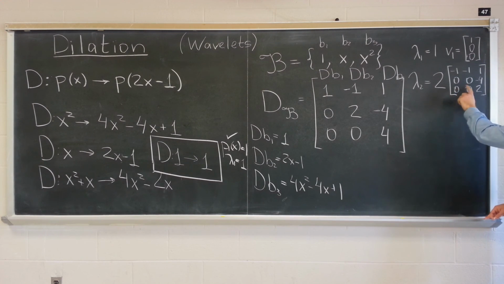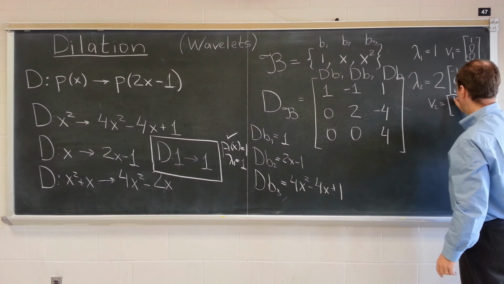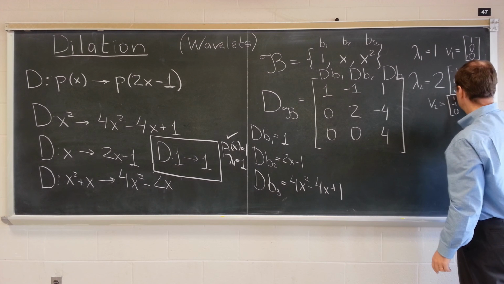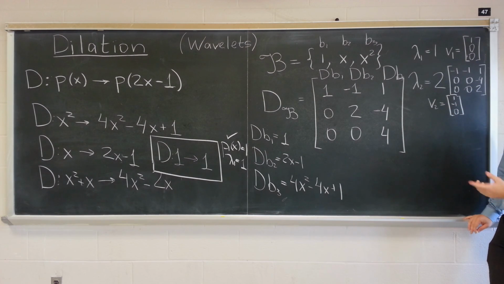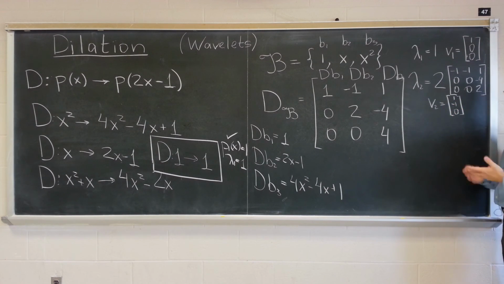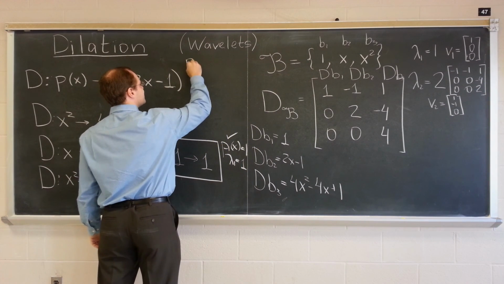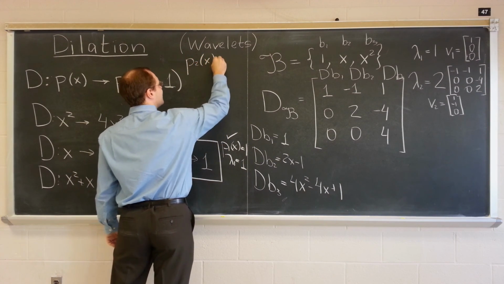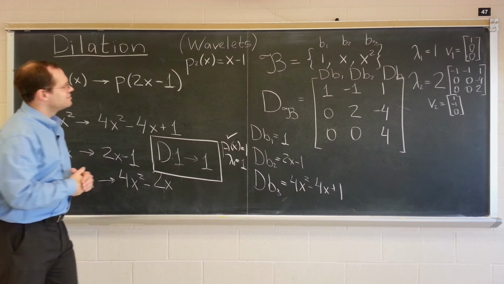And you see that the corresponding eigenvector here, V2, is 1, minus 1, 0, which corresponds to the eigenfunction 1 minus x. Maybe I'll write it as x minus 1, because after all I could have chosen minus 1, 1. X minus 1 sounds a little nicer. So, P2 of x equals x minus 1.